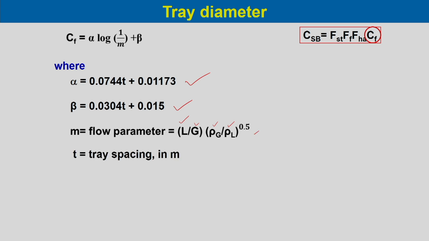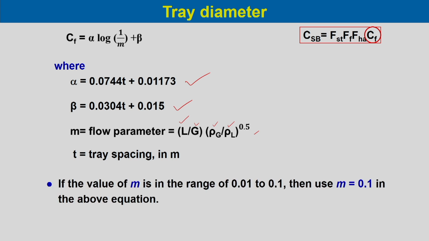T is the tray spacing in the equations of alpha and beta, in meters. The value of m is in the range of 0.01 to 0.1; if it is lower, use m equal to 0.1 in the above equation, so we can use 0.1 as the extreme case.